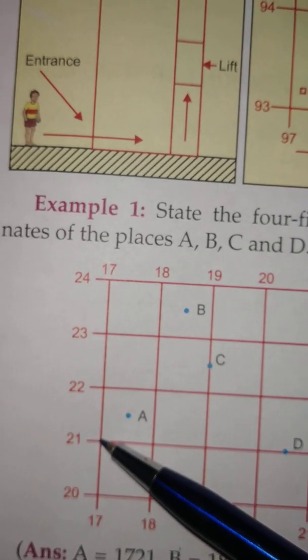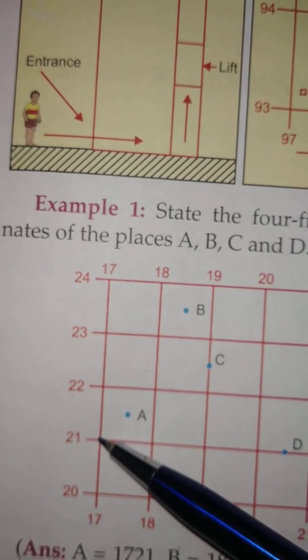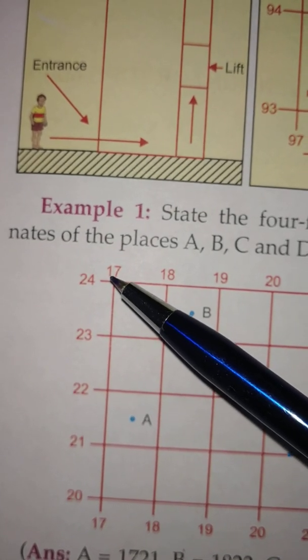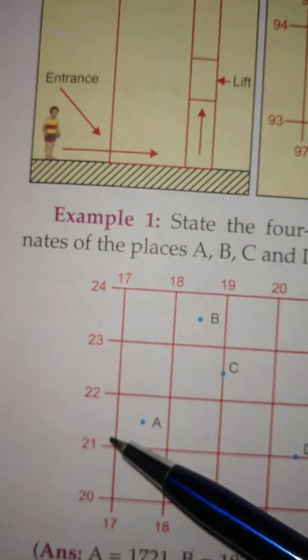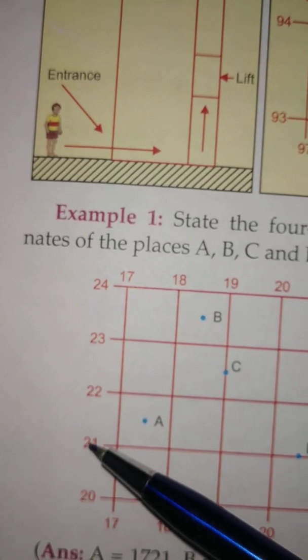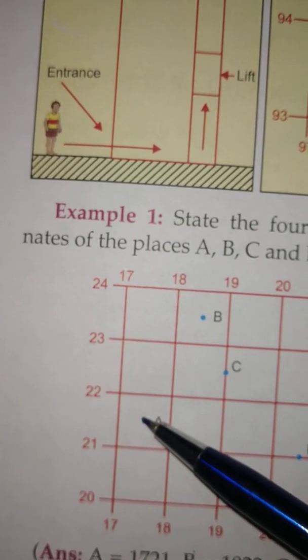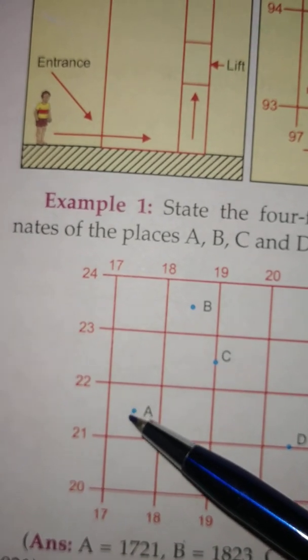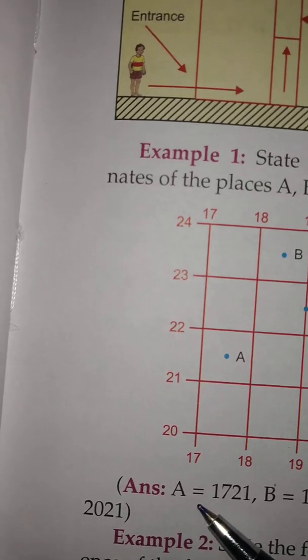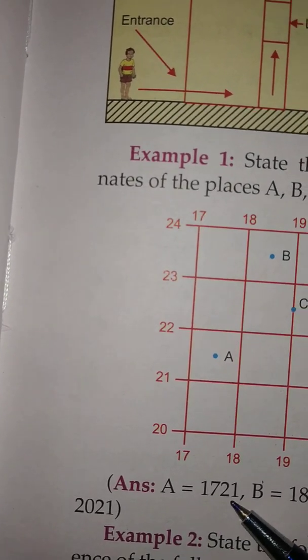Which two lines are intersecting here? First we always see the vertical lines. Its value is 17, and the horizontal line its value is 21. So its 4-figure reference will be 1721. See the answer is given here, A 1721.